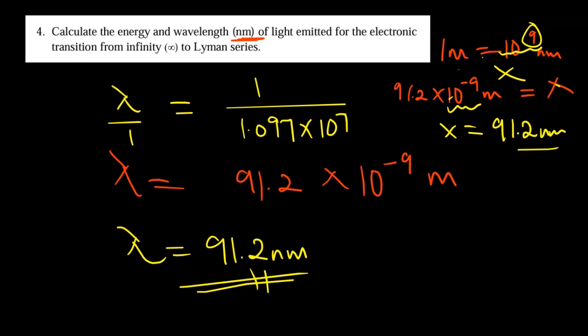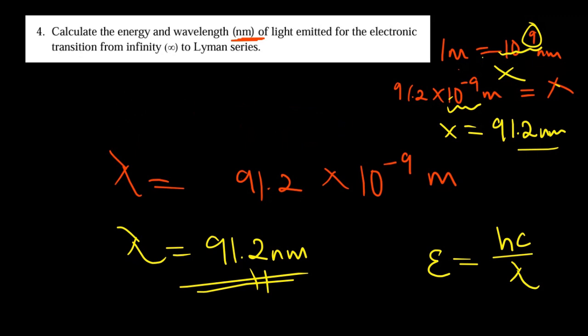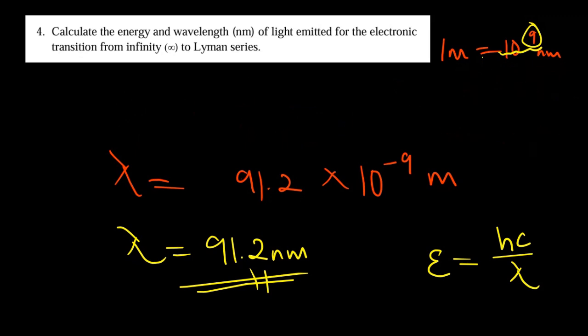Alright, so after we calculate the lambda, we can now calculate the energy. So for the energy, we use this formula. But remember the wavelength that we're going to put in this formula will be this one here in meters and not this one here in nanometers. This one we just found to satisfy what they wanted there.